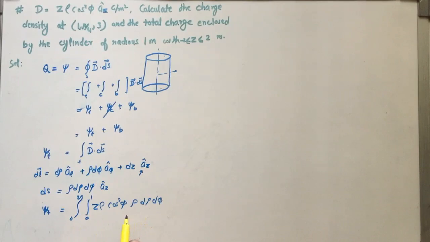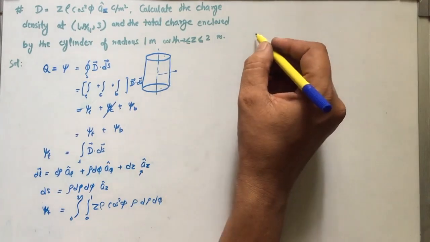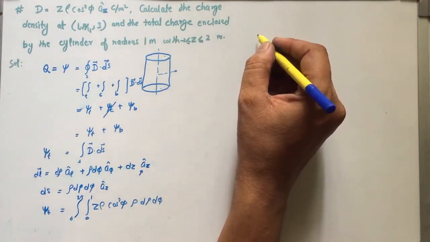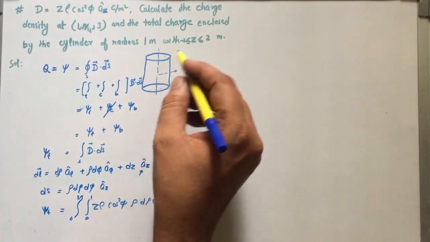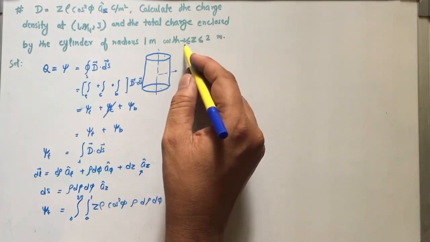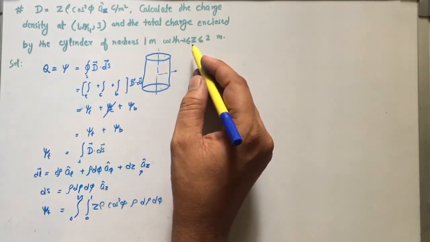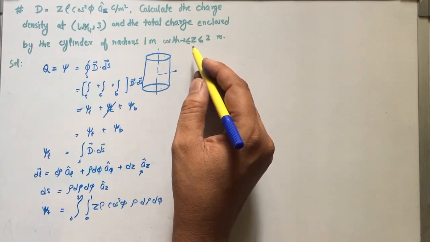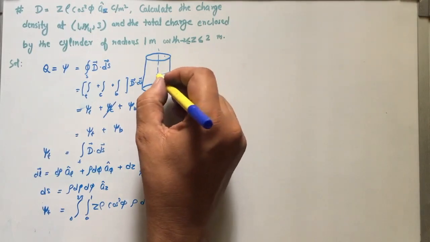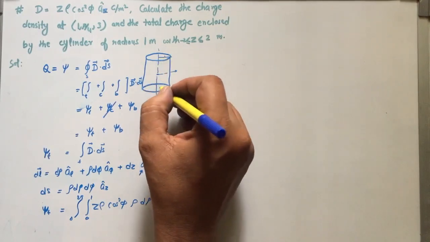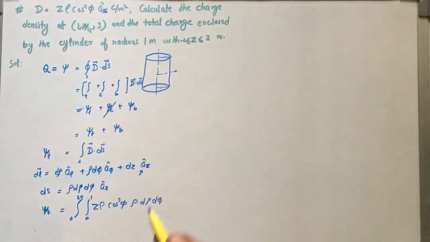The next thing is to integrate this, and if we integrate this, then we will find the z is constant. For the top surface z is equal to 2, and for the bottom surface it is minus 2. So the z is 2. Now solve this.